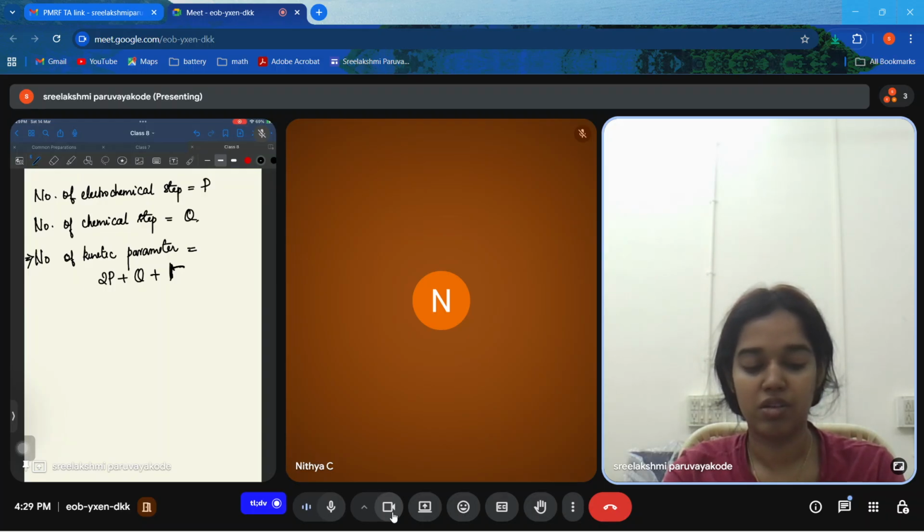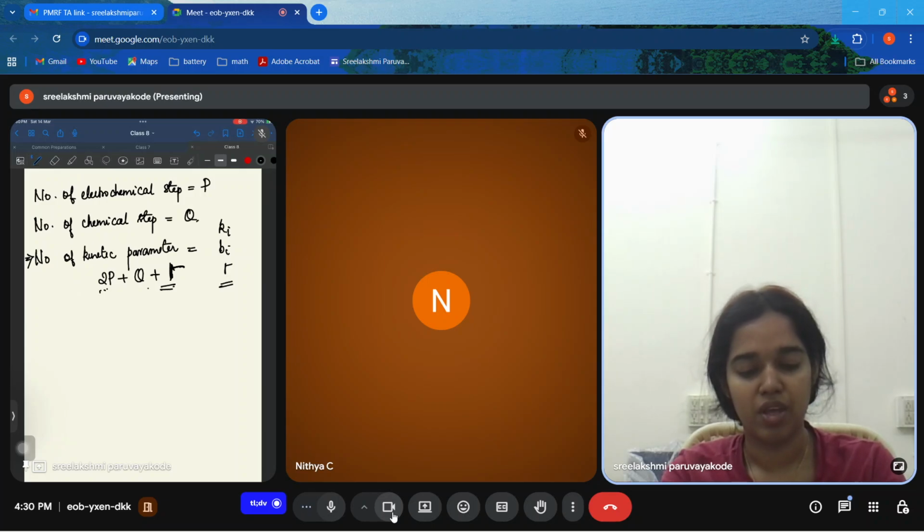This will stay out, so you shouldn't forget. The number of kinetic parameters is always 2P plus Q plus gamma. Why 2P? Because in the kinetic steps, what are the kinetic parameters? K1, K2, K3, etc., B1, B2, B3, etc., and you have gamma. So gamma stays out. That's why you're writing gamma.